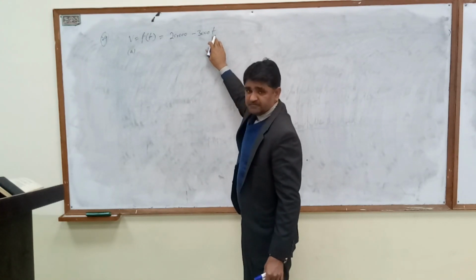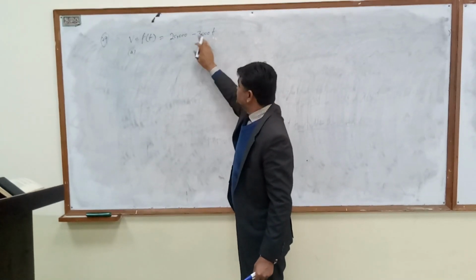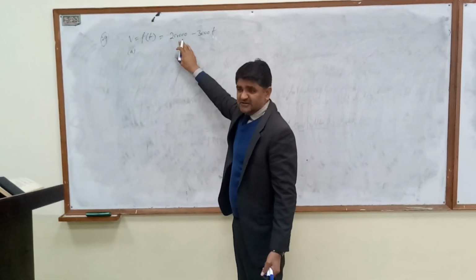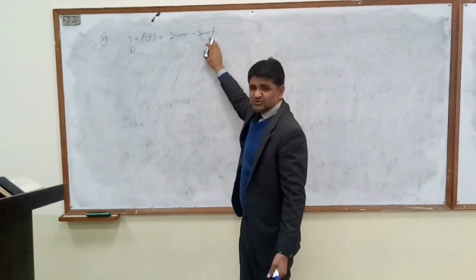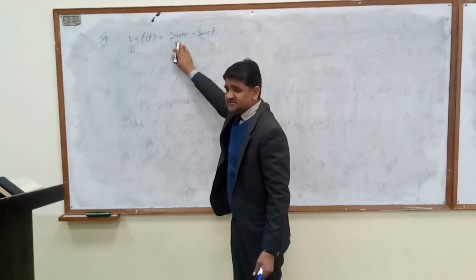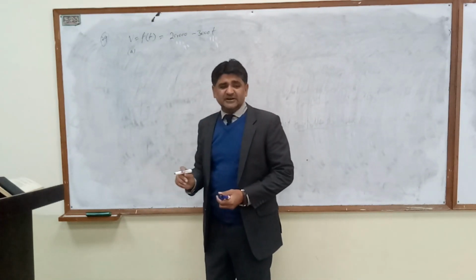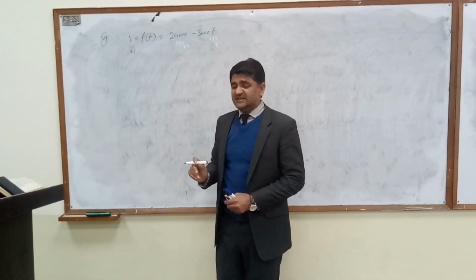If time is 0, at the time of purchase, what's the value of truck? 20,000. As you know, at the y-intercept, x is always equal to 0, and the y-intercept is always equal to the constant. What is the constant here? 20,000. In Part A, we have to identify what kind of function that is.